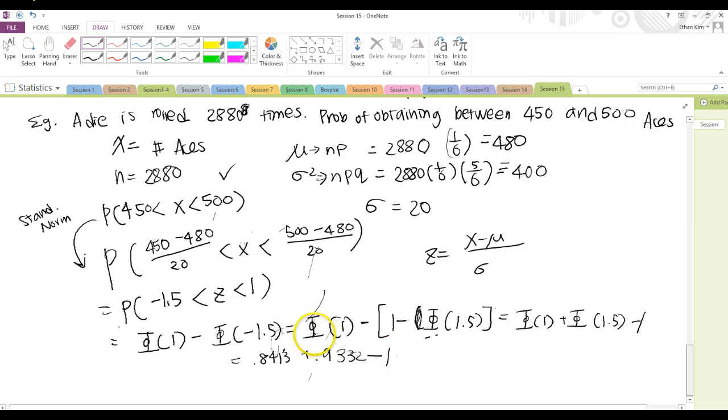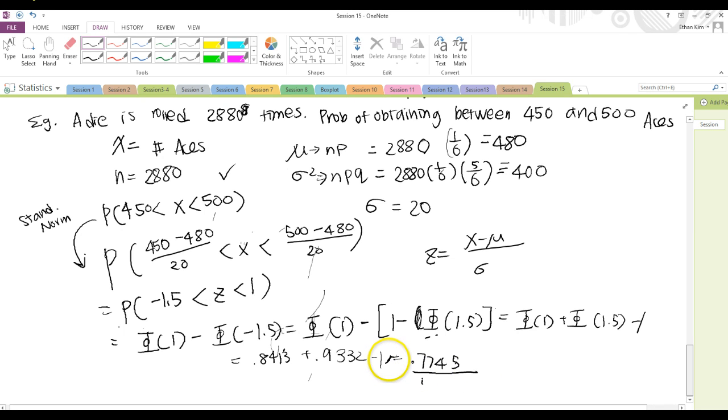Right, so if you calculate that out, that's going to be 0.7745. Okay, so that's pretty much how you would use it.